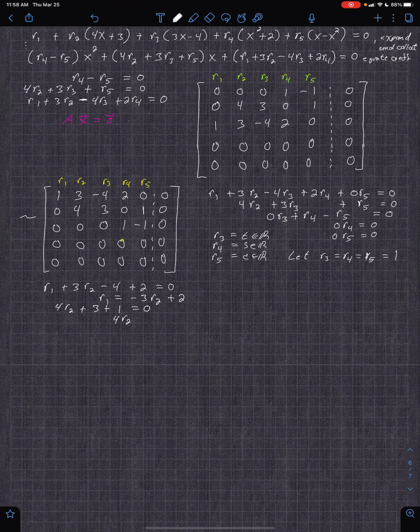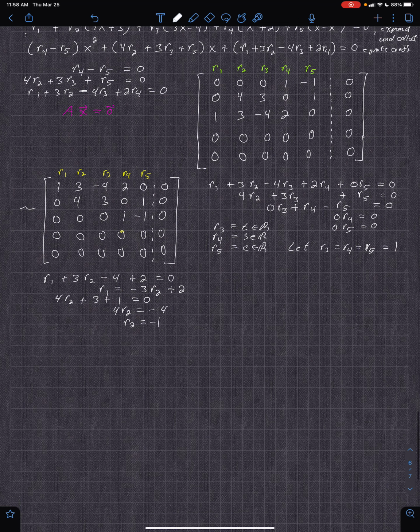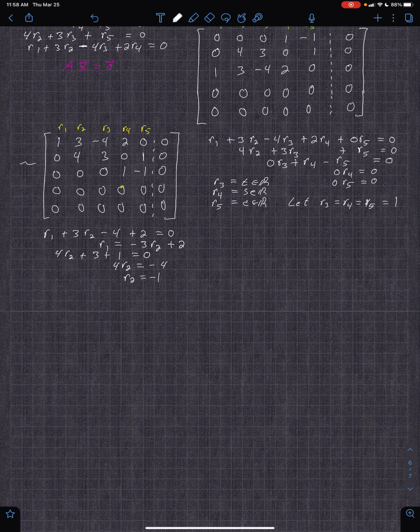So 4R2 is equal to negative 4. So R2 is equal to negative 1. So if R2 is negative 1, that implies that R1 is equal to negative 3 times negative 1 plus 2 is equal to 5. And so I end up with a non-trivial solution for that system.